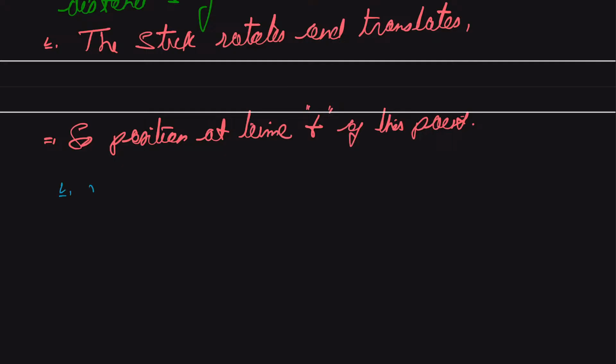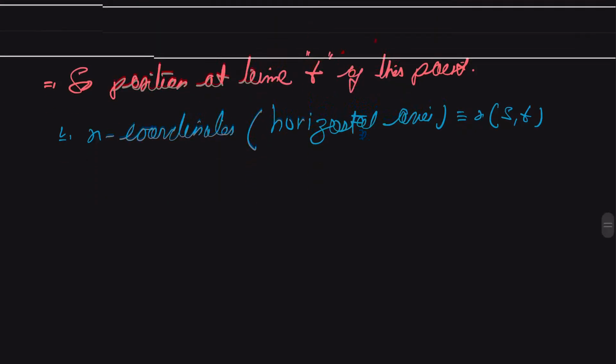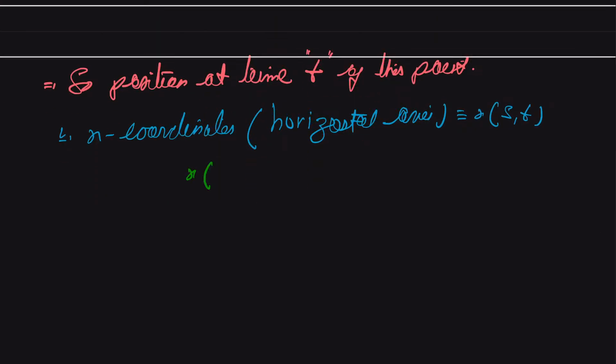So we can say that our x coordinate will be nothing but our horizontal axis, and this horizontal axis is defined as our x with respect to distance s as well as time t, and we can write this equation as x of s comma t. Initially it was at position 0 plus, and it comes as s cos of theta, and theta will be equal to omega t.